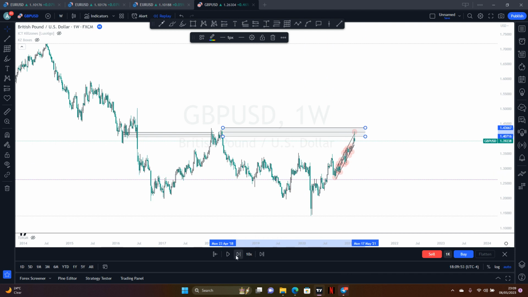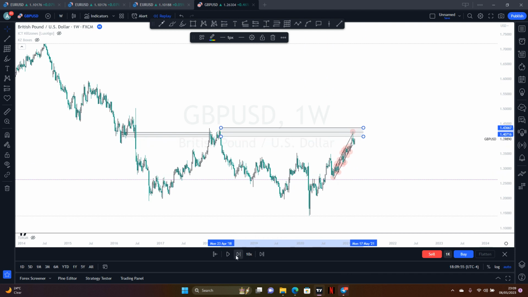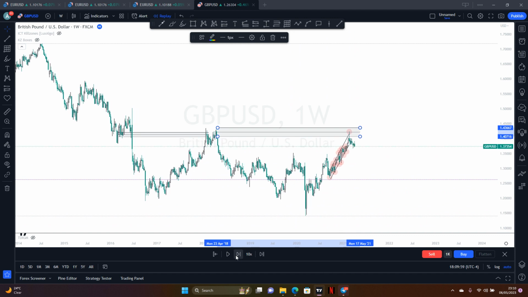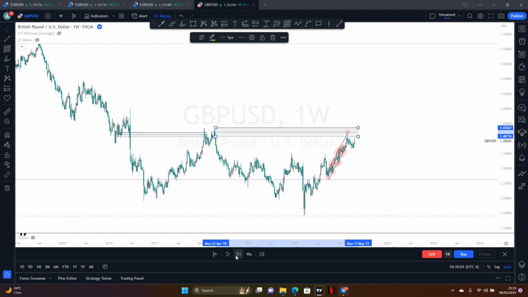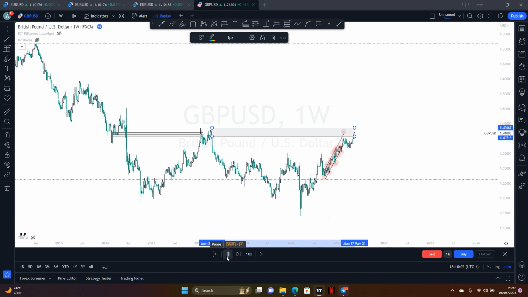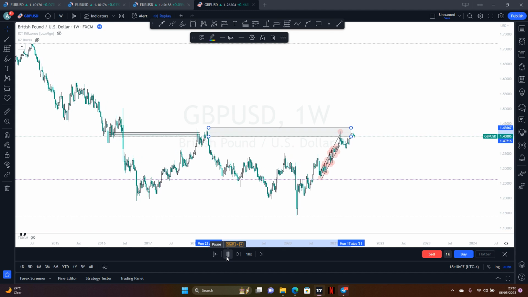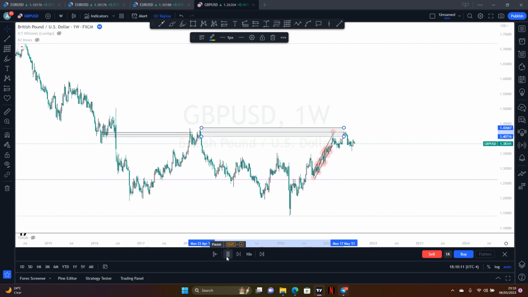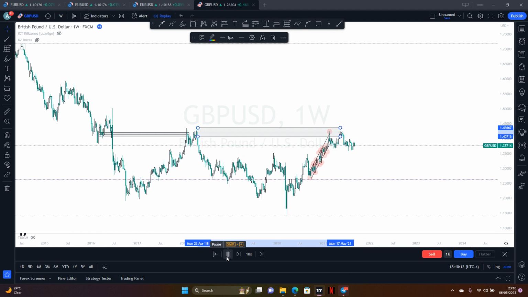It's just that very simple. It could just come back and take all of them out because price was building liquidity, and like I said before, it's building its future targets. Of course, I can't really remember what happened here, but I think it did take it out.